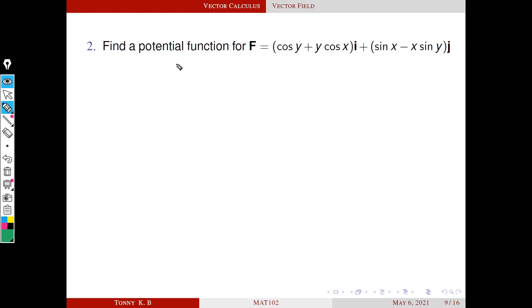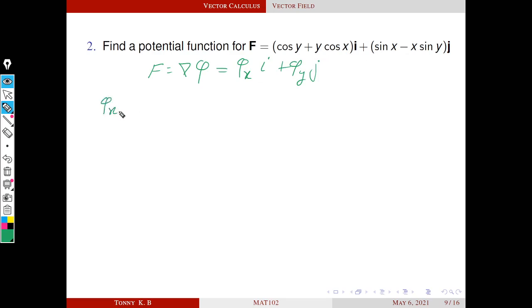We know that the potential function satisfies the relation F is equal to del phi, where phi is the potential function, that is, this is equal to phi x i plus phi y j, because this is a two variable function, x and y alone. So F is given, and we can compare the i part and j part.